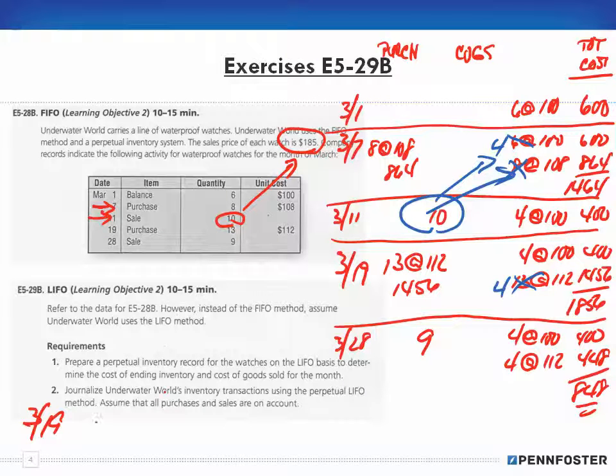Okay, so then on 3.19, again, all we're doing is repeating what we did on 3.7 and 3.11. Purchases, we're going to credit our accounts payable, and we're purchasing 13 at 112, so that's 1,456, and we're debiting our inventory for 1,456.